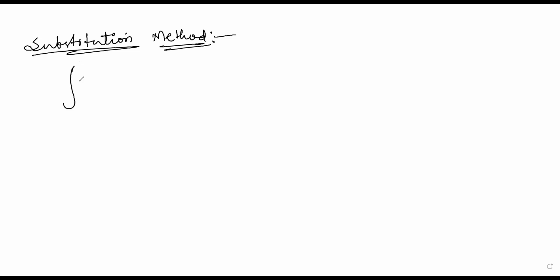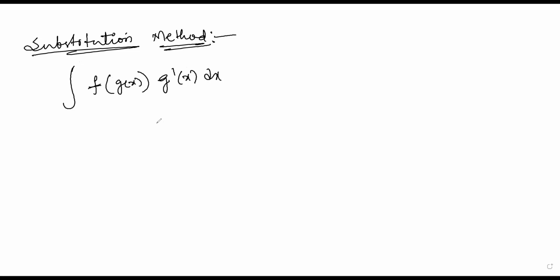You got the substitution method. What is the substitution method? Now I'll tell you. The substitution method essentially should be integration of f of g of x into g dash of x dx.